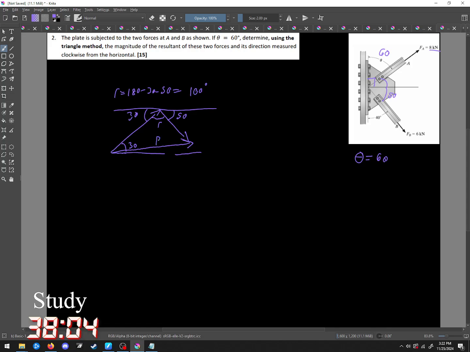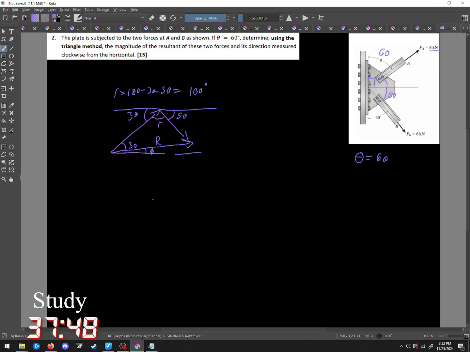This R is the resultant. And if you look, there is another angle there. The resultant is above. And that's the angle they're asking for in part 2. But let's not get ahead of ourselves.